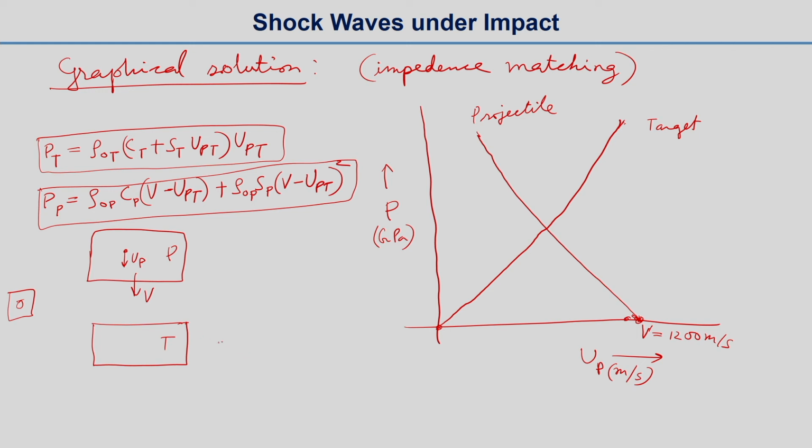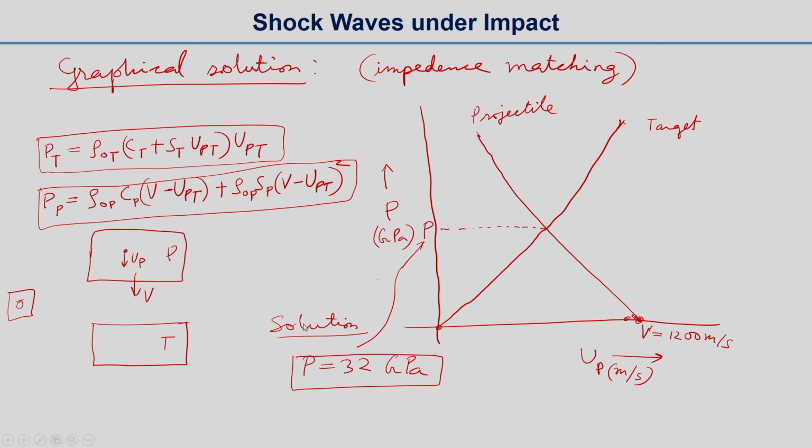Now, the solution of this is the intersection of these curves. If we plot it accurately, what we will get is close to 32 gigapascal. So, this point will be the solution: P will be around 32 gigapascal, which is what we got in the earlier analytical solution.